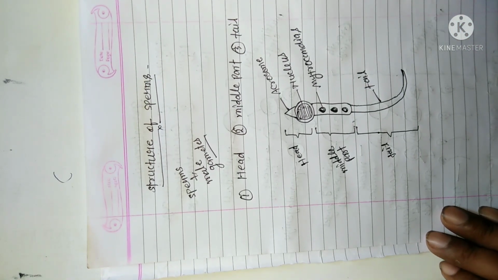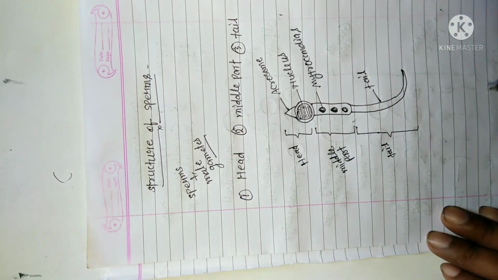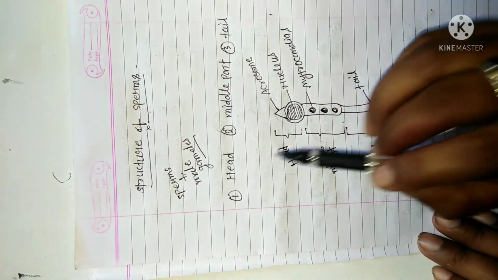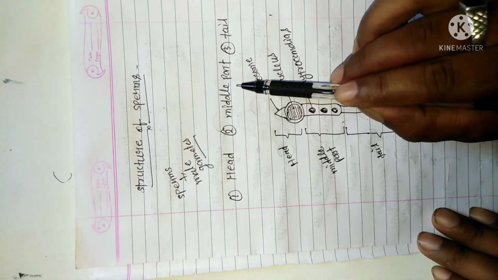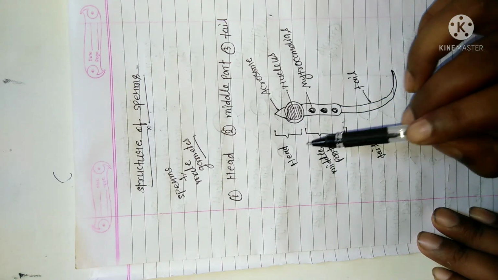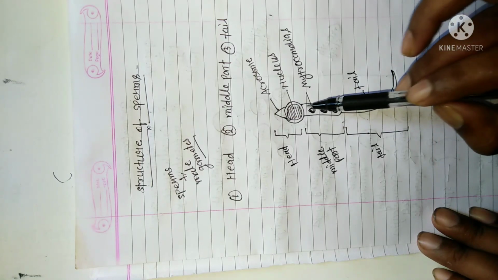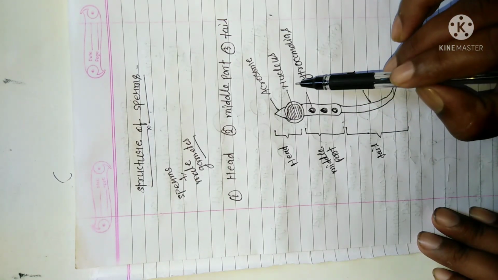We saw sperms are the male gamete. There are three parts of the sperms. Number first head, second is middle part, and third is tail. Head is the upper part of the sperms, which is surrounded by nucleus.